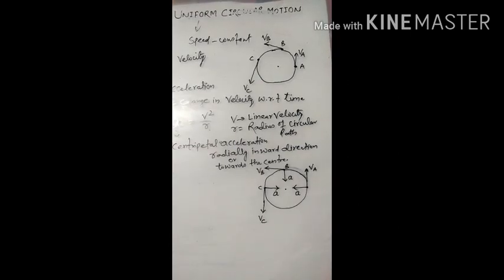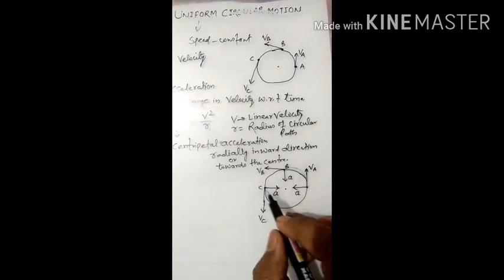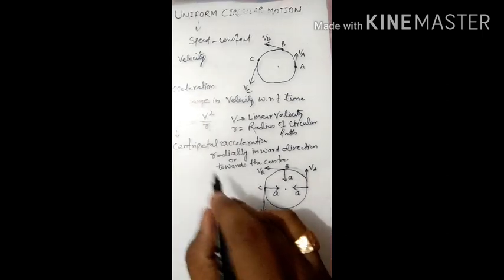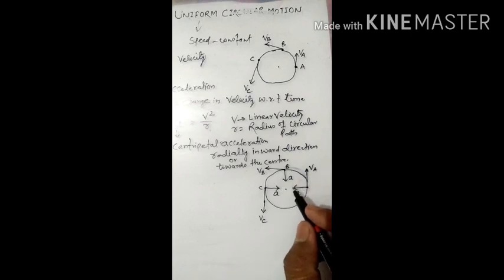The magnitude of centripetal acceleration at all three locations is constant, which is v square by r, but the direction of acceleration at all the points is radially inward, towards the center, as we have seen in this diagram.